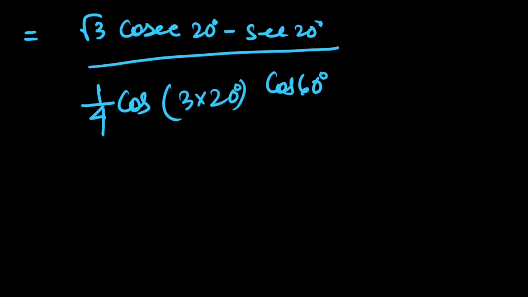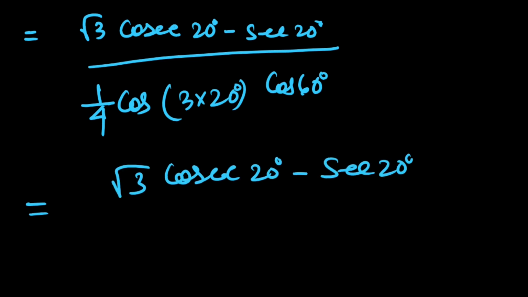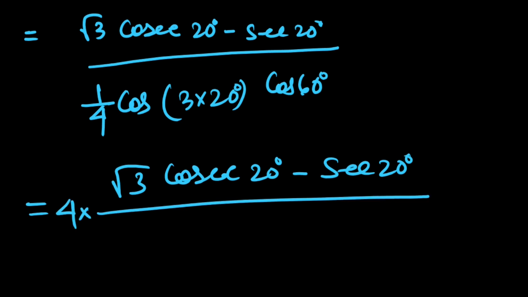So the denominator is sorted out. Now root 3 cosec 20 minus sec 20 over 1 over 4, that is 4 here, cos 60 into cos 60, so cos 60 square. Next we put the cos 60 value. Now we break the numerator term, cosec and sec, into sine and cos.